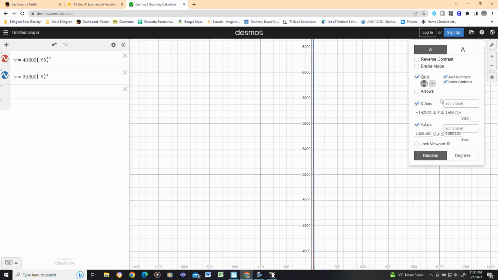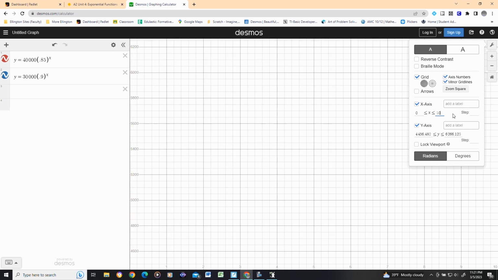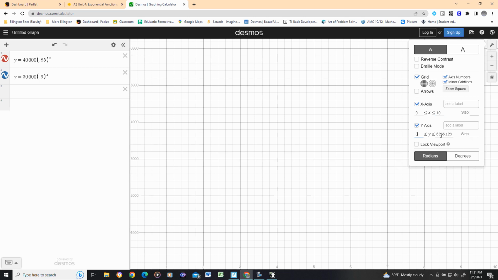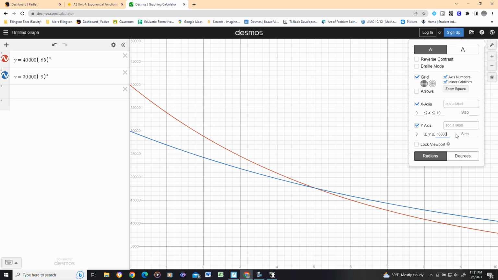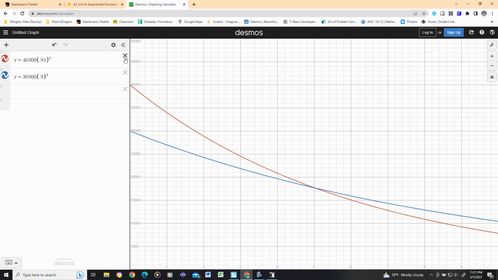So let's do x-axis maybe from 0 to 10. And let's do the y-axis from 0 to 50,000. Okay, so here's the two equations for you right there.